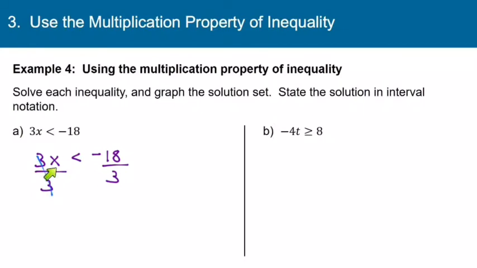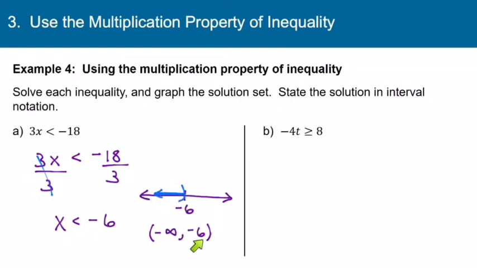So that's going to give us x is less than negative 18 divided by 3, which is negative 6. Okay, let's graph that on a number line. The numbers that are less than negative 6 are to the left. This does not have the or equal to bar, so we have parentheses here. And our interval notation is from negative infinity to negative 6 parentheses.